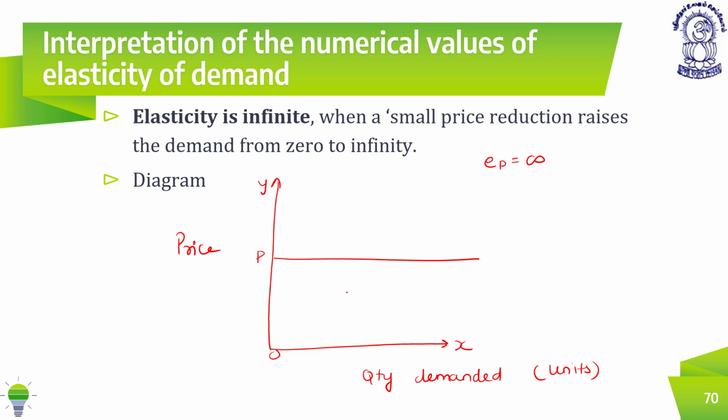At the same level of price, numerous units could be bought. And that is why it is known as elasticity of demand being infinity.